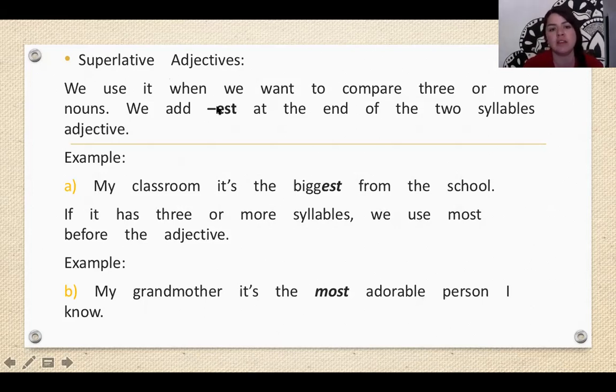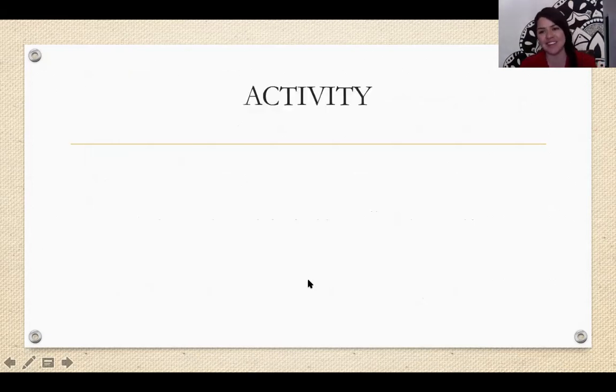We only use EST or most. We use EST when it's a short adjective, and we use most when it's a long adjective. Let's see if this information is clear to you. It's the same activity that we did, but now with superlatives, okay? Let's see.